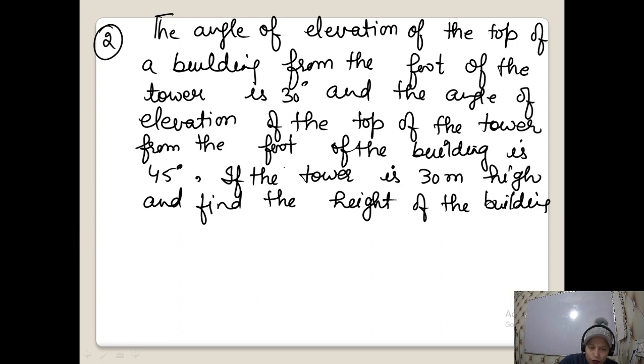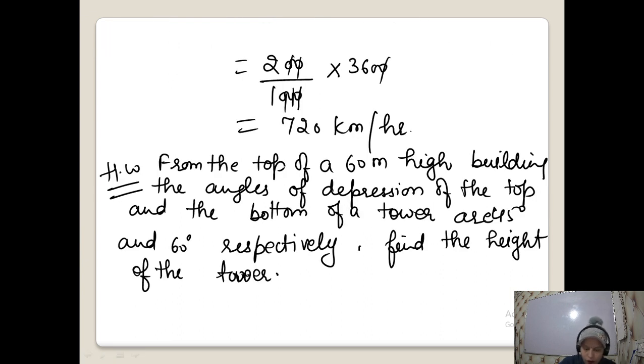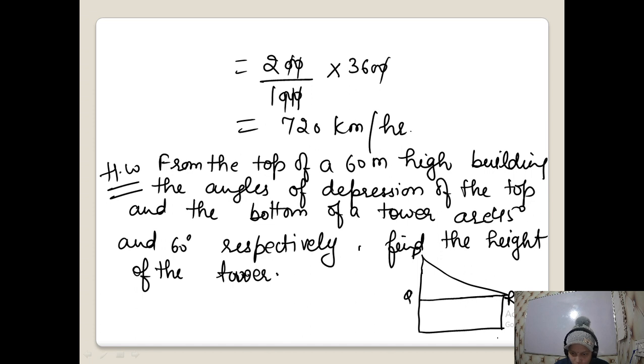I am going to draw diagrams of both these questions so that you can easily solve them. This is the diagram of this question: P, Q, R, S, T, and this is the height of the building.